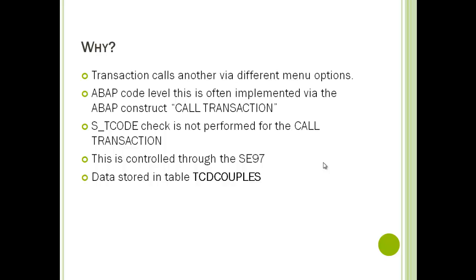So what we can do, using the transaction code SE97, is maintain this call transaction check for each transaction code, so that when you run this specific program and you are calling a transaction code, it will check for this object S_TCODE. That way we can be sure that the authorization concept is consistent with the program which is being used.